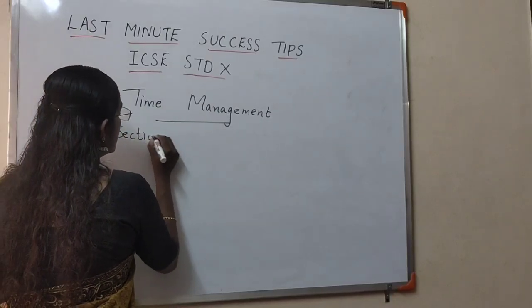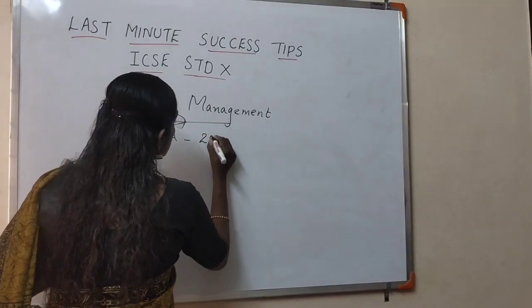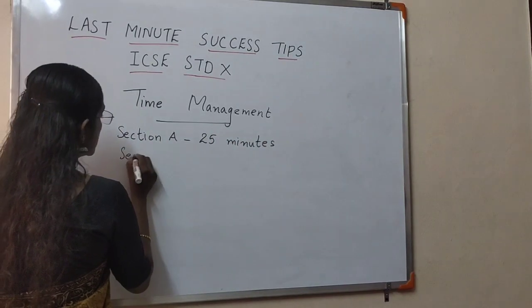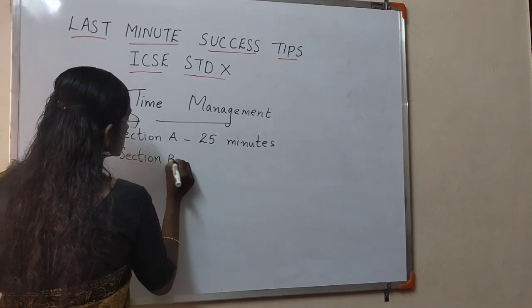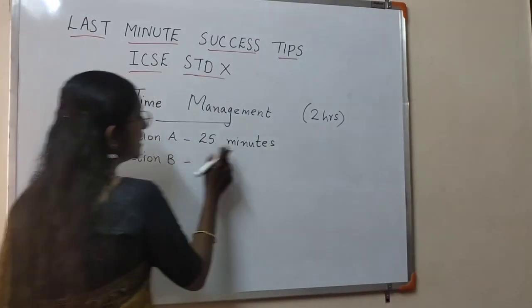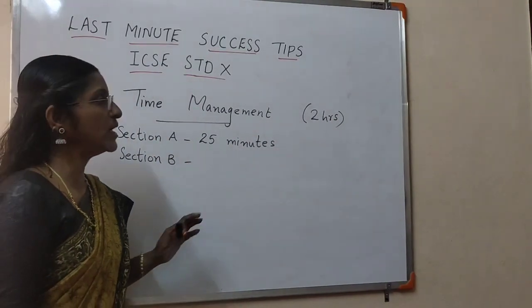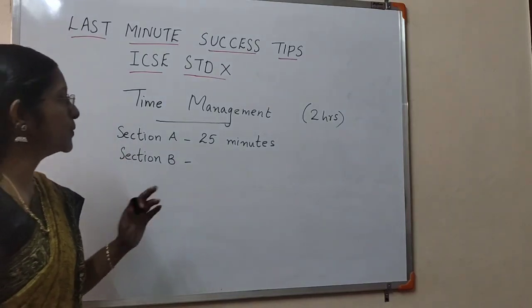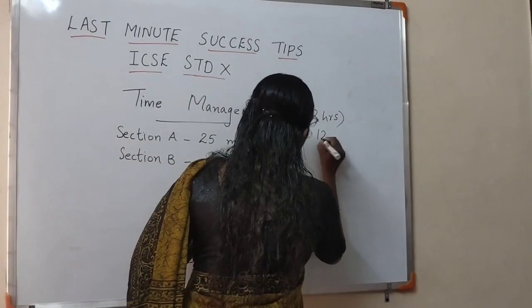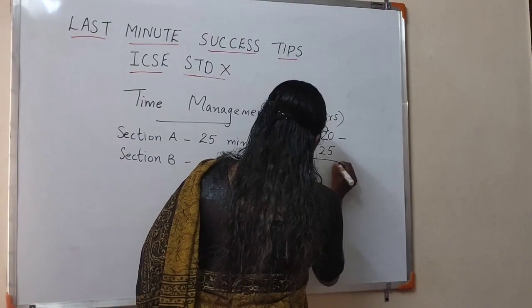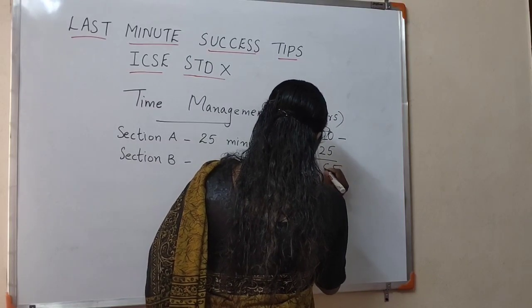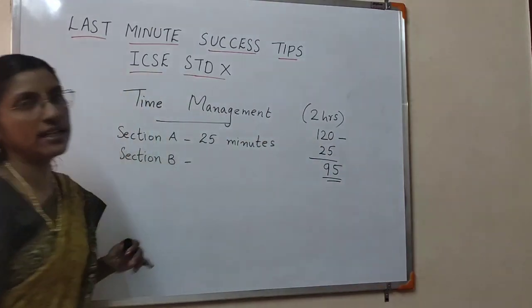For section A, maximum we should use only 25 minutes. For section B, we know that the exam is of 2 hours. Already 25 minutes are gone. From 120, this 25 is gone. So 95 minutes only we have.